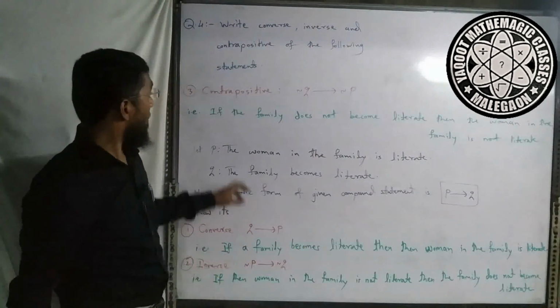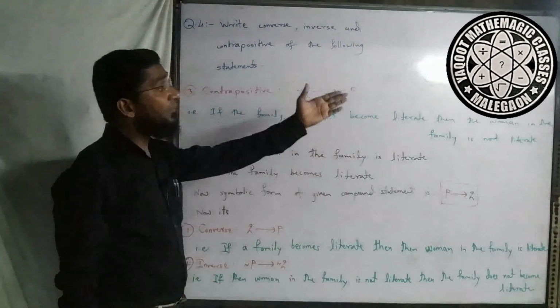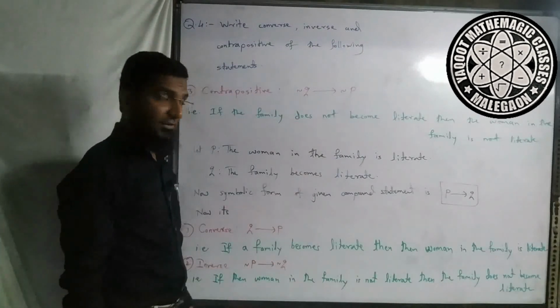That means contrapositive will be: if the family does not become literate then the woman in the family is not literate.